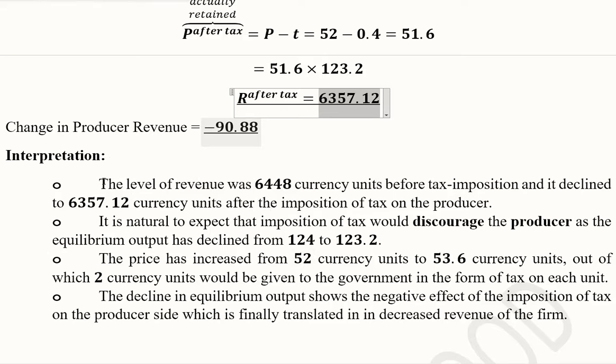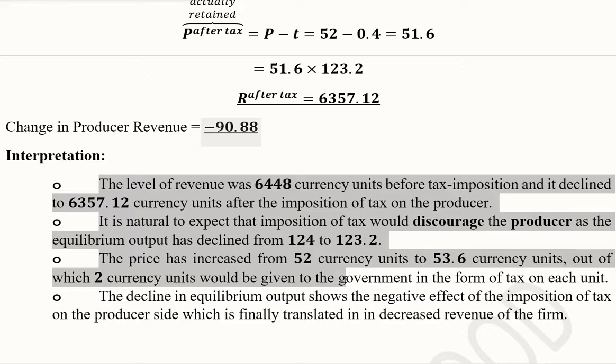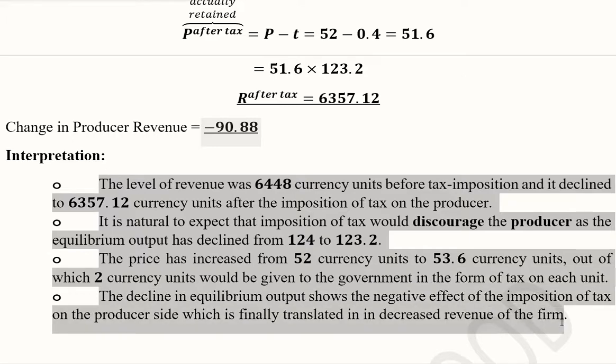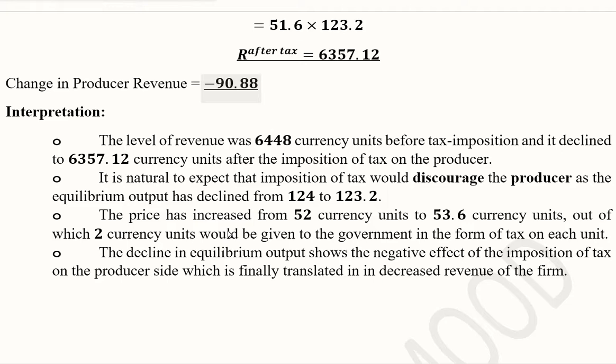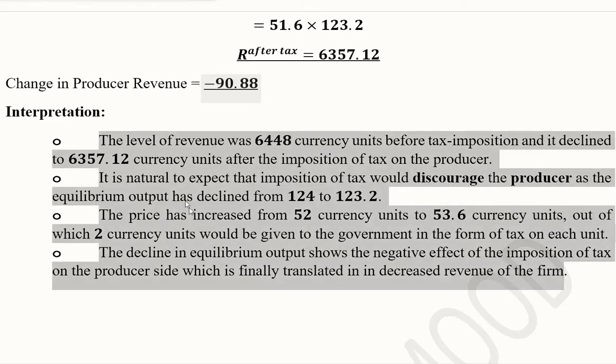This is the description of what we have already done, and you can pause the video and read it, because we have already understood this thing and described it as well. This is further help for you.